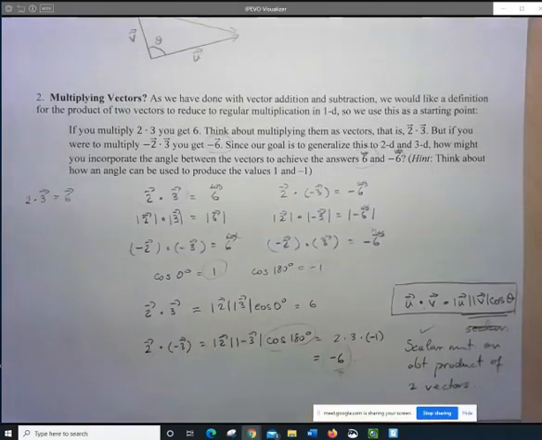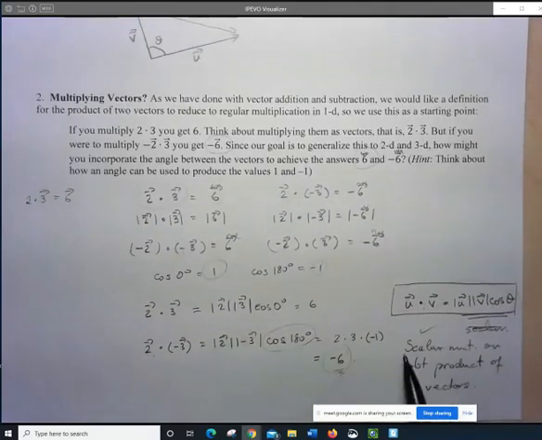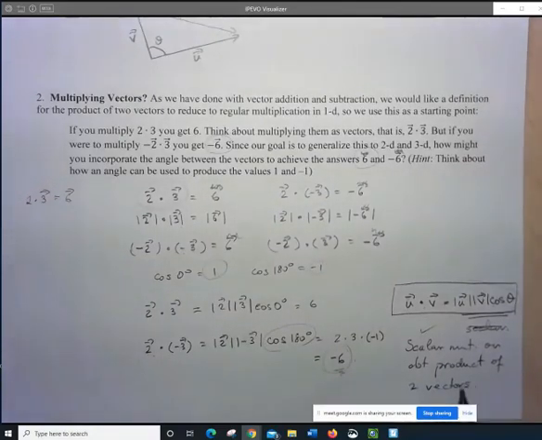Okay. Now, before we move on to the next page, every time I qualify something, every time I put an adjective in front of a noun, what does that usually imply? Why am I not just calling this multiplication? Why am I not just calling it product? Why am I specifically saying scalar multiplication, dot product? What does that usually imply when I put an adjective in front of something?